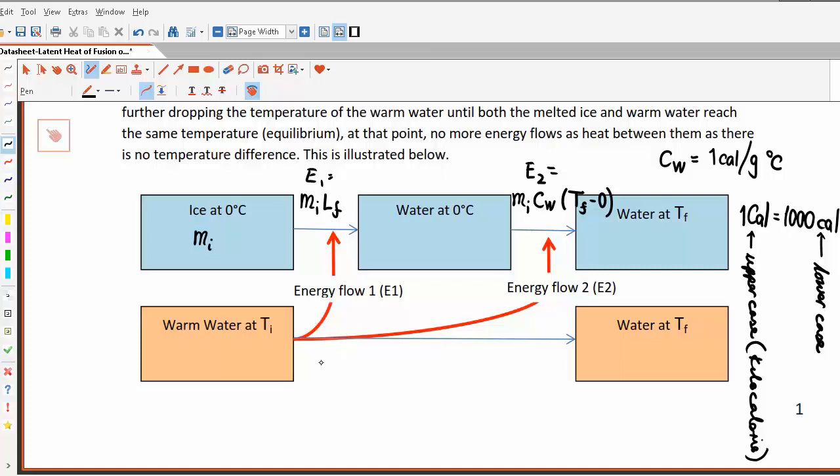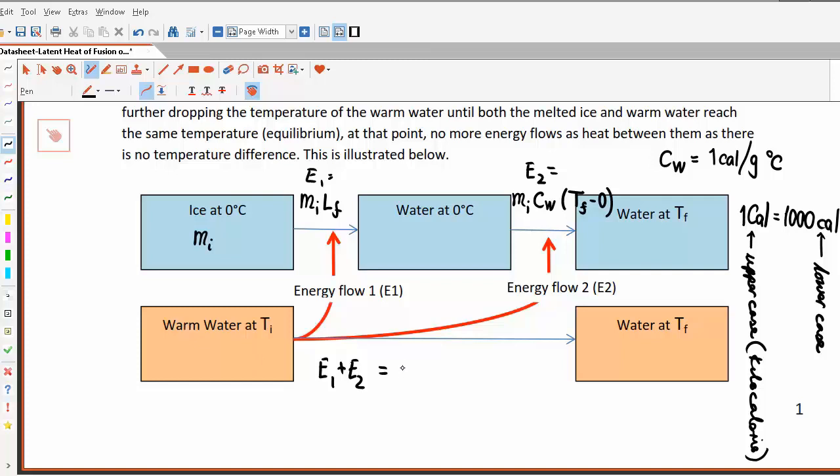Then we can say that the sum of E1 plus E2, which is the energy gained by the ice, must be equal to, if we assume that the heat lost or gained by the system from the coffee mug or the environment is negligible, the energy lost by the warm water.